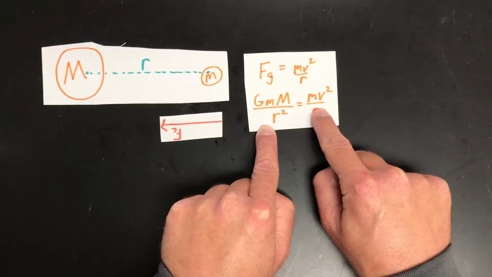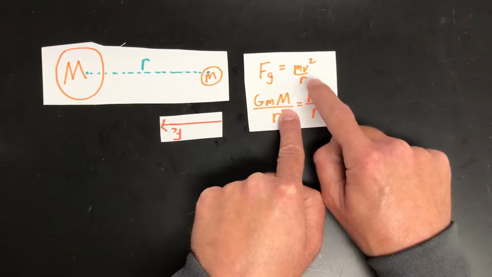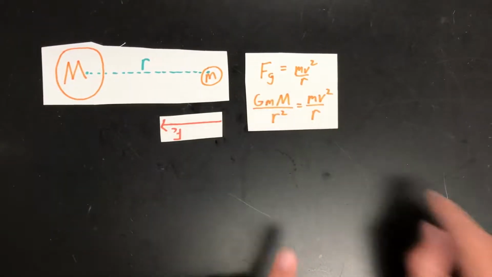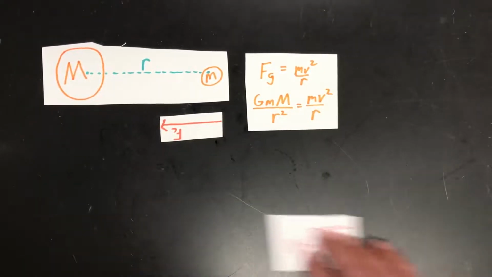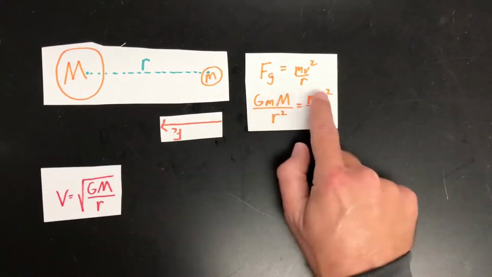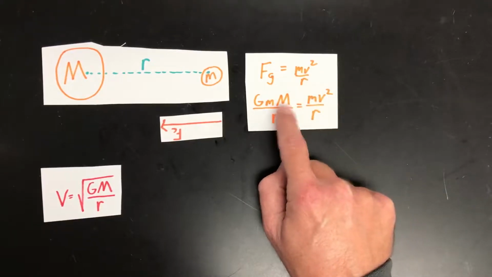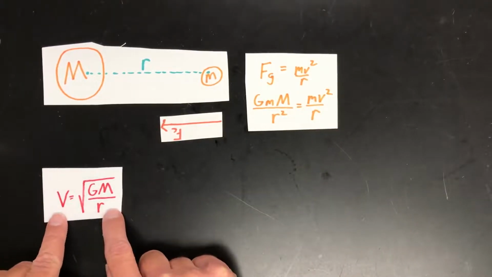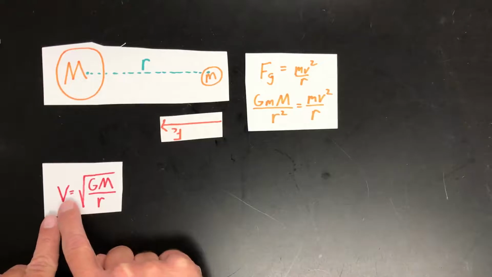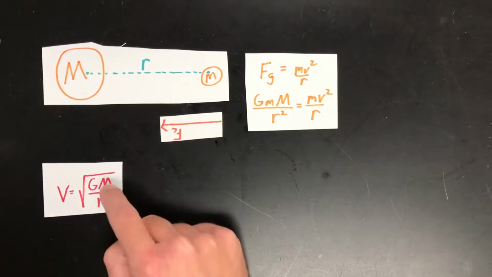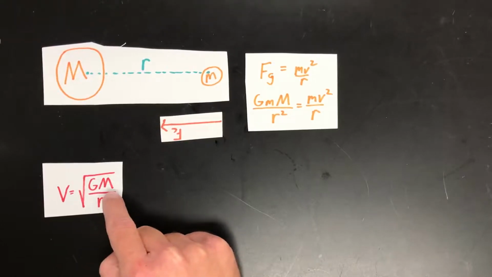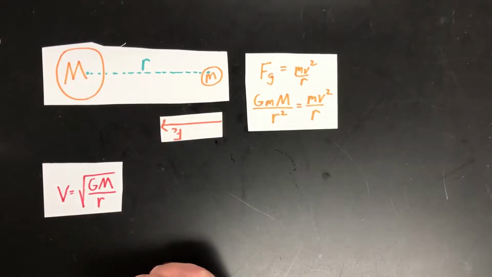So that radius will cancel out with one of those, that mass will cancel out with one of those masses, and the most common thing they ask you to solve for is the velocity. Once you've canceled out both your masses and one of those radii, if you solve for velocity, you'll get this, that the velocity of a satellite is the square root of the universal gravitational constant times the mass of the planet divided by the distance you are from its center there.